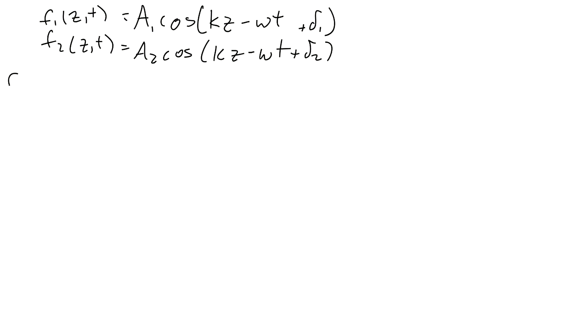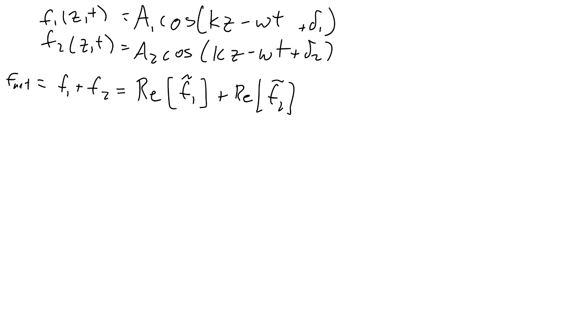But working with complex numbers, things can get a little bit easier. Those two functions, f1 and f2, are the real parts of the complex functions, complex f1 and complex f2.